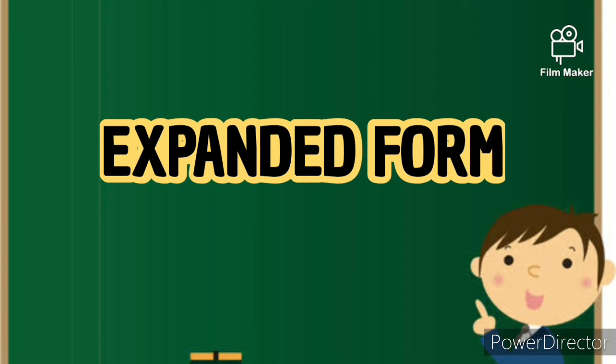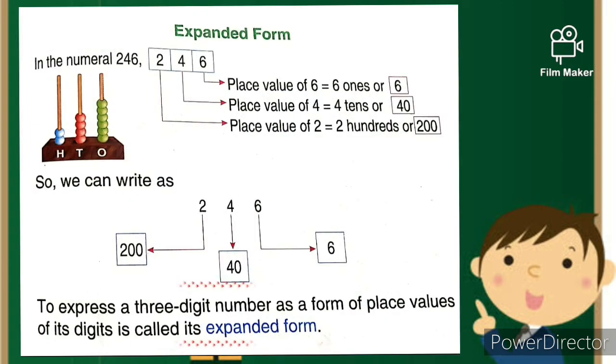Now we will learn how we can write the numbers in expanded form. To express a 3-digit number as a form of place values of its digits is called its expanded form.